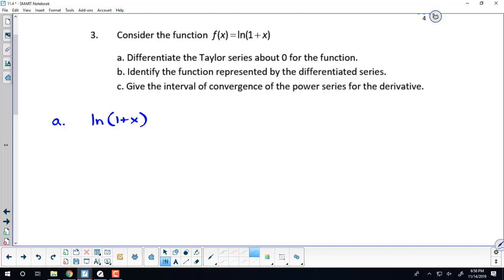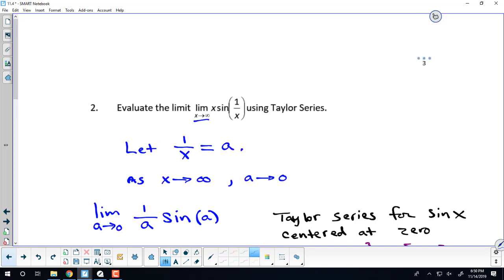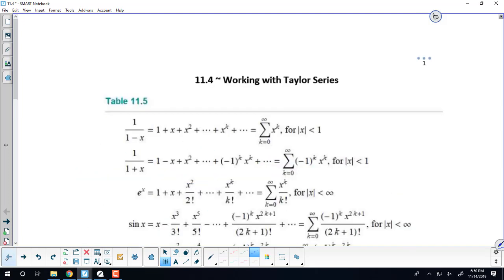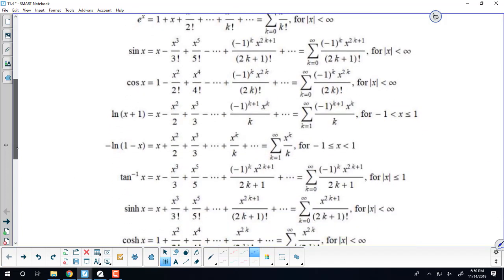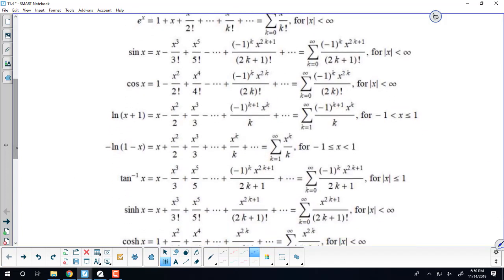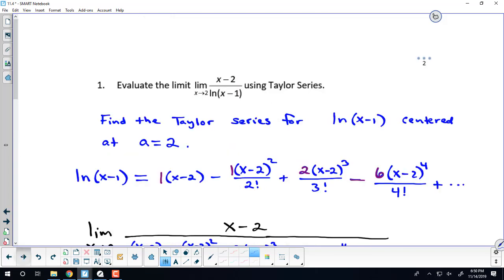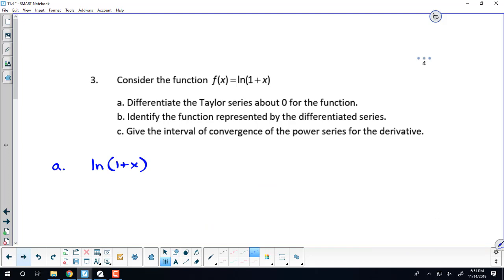Once again, we could go through this process of finding all of it, or we could just find that as one of the ones on the table: 1 plus x, or x plus 1. So we're looking at this series here. It's alternating, the powers match the number on the bottom, no factorials, valid for this interval here. So let's just copy all of that down, that way we have all of the representations for this particular function.